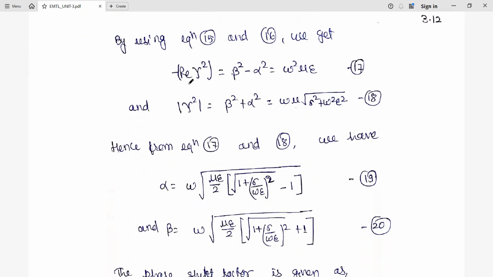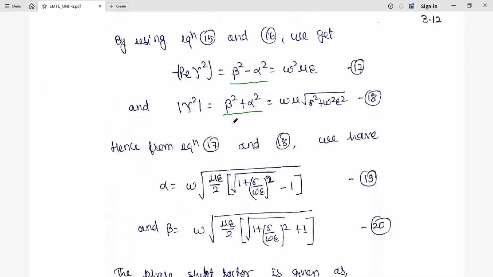So the negative of the real part of gamma square is going to be equal to beta square minus alpha square equal to omega square mu epsilon. So finally, you are seeing that here we have beta square minus alpha square, and here we have beta square plus alpha square, that is the modulus magnitude of gamma square.